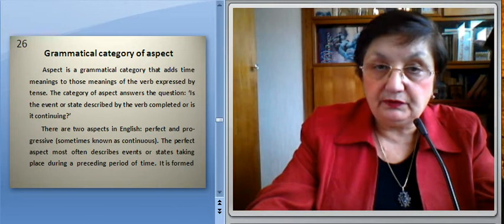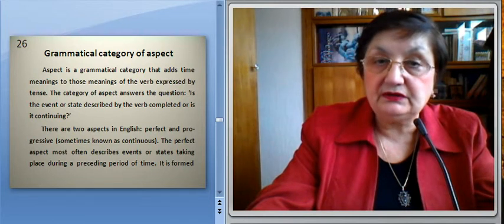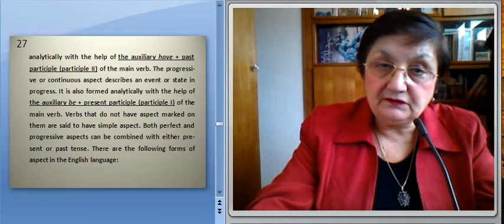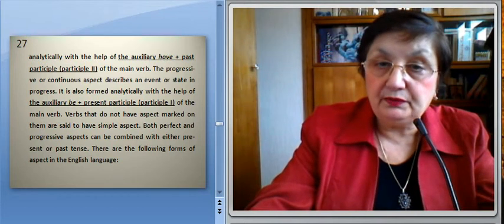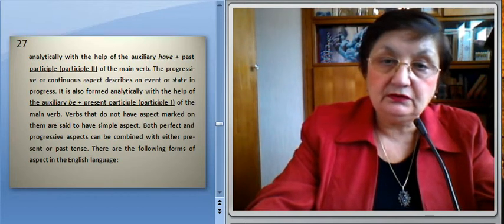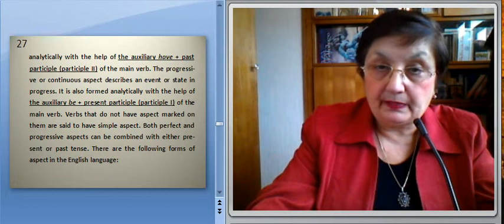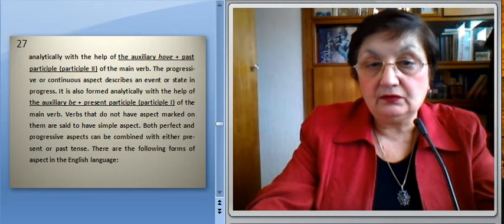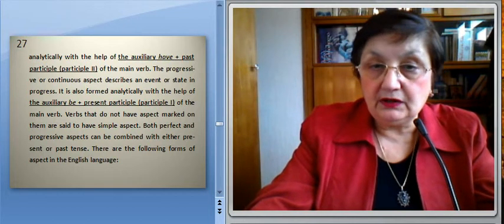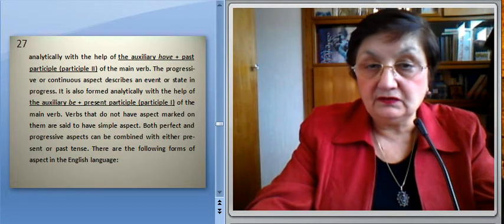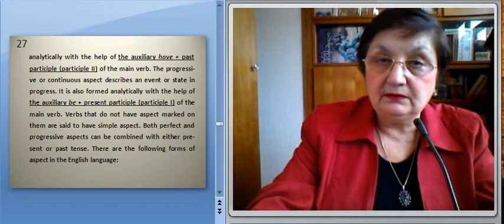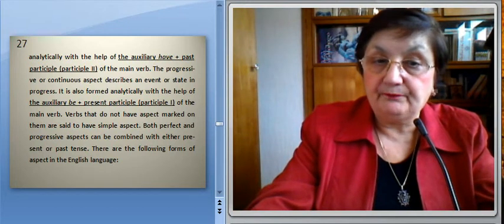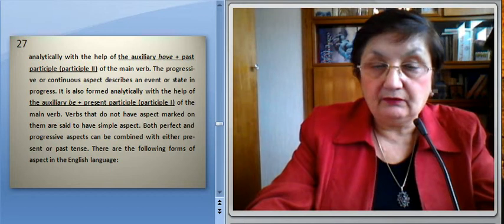The progressive or continuous aspect describes an event or state in progress, and it is also formed analytically with the auxiliary be plus the present participle of the main verb. Verbs that do not have aspect marked on them are said to have simple aspect. Both perfect and progressive aspects can be combined with either present or past tense.